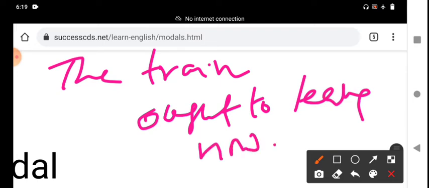Ought to leave now. Ought functions as a main verb. It has done that work. The train ought to leave.